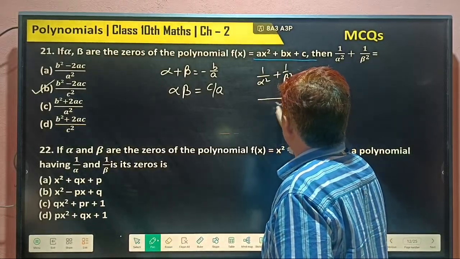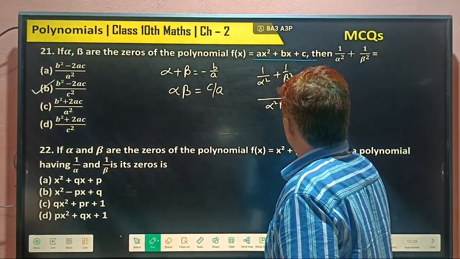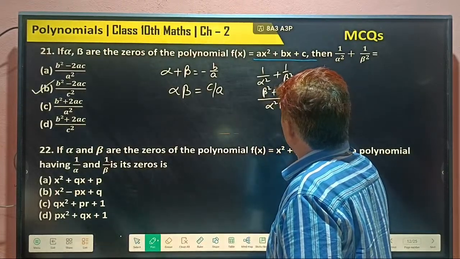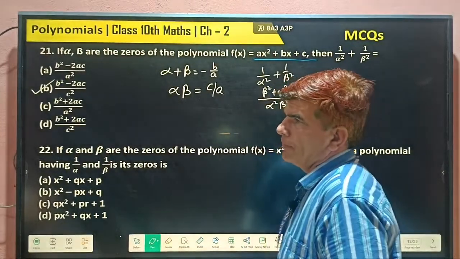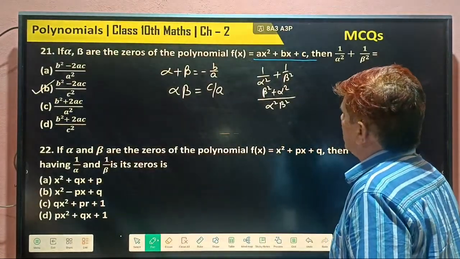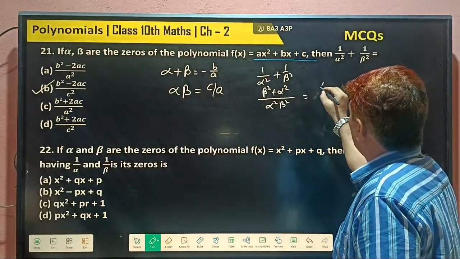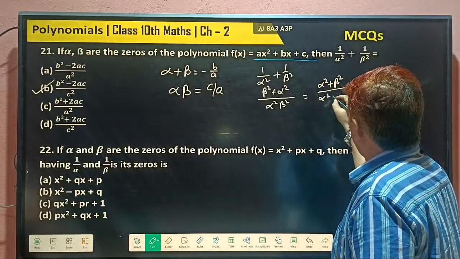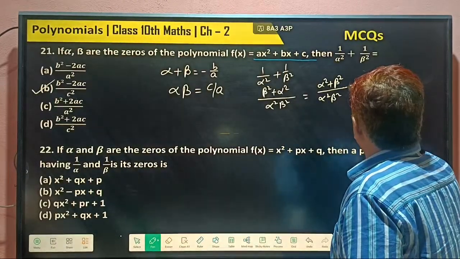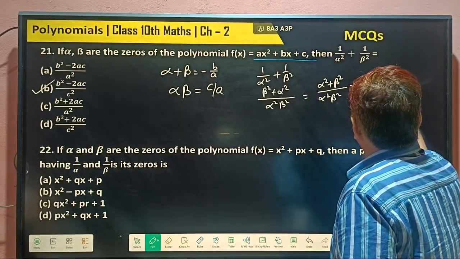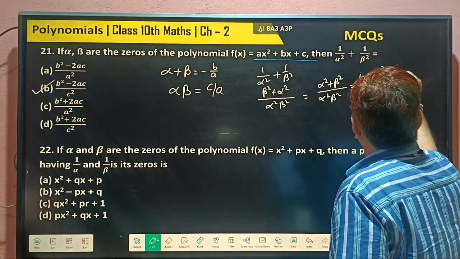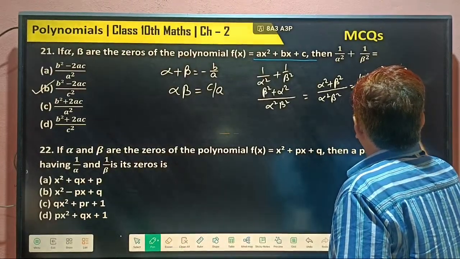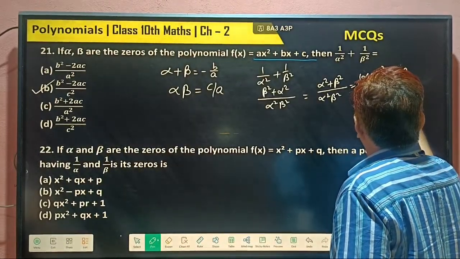So what's your LCM? Alpha square beta square. So what's coming here? Beta square plus alpha square. Understood? And this you can write alpha square plus beta square by alpha square beta square. And this we can write alpha plus beta whole square minus 2 alpha beta by alpha beta whole square.